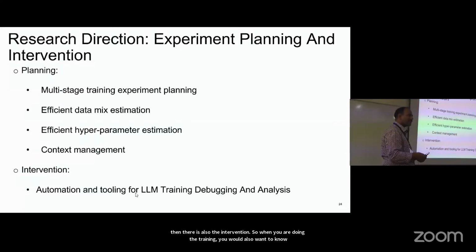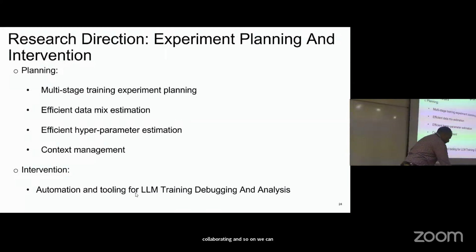Are there bugs in the training? Is the training introducing anomalies into the model's capability? All these things need to be analyzed and automated as much as possible. So this is a space that we are looking into in this particular domain. If anybody is interested in collaborating, we can consider speaking about it. And there are a few demos that my colleague will show.